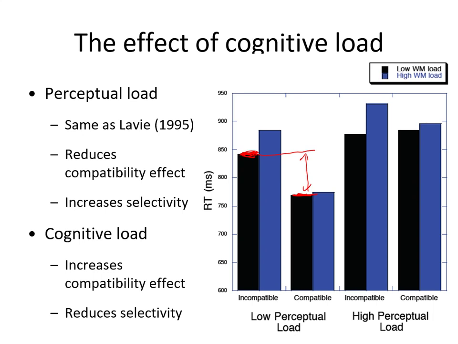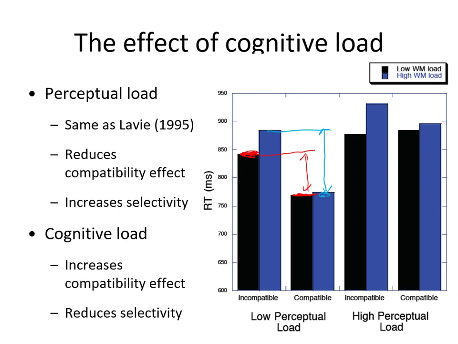What about high working memory load? So it's around here, right? And the other bars here. So this is the compatibility effect. Which one is larger? The high working memory load condition is larger, right? Okay, very good.